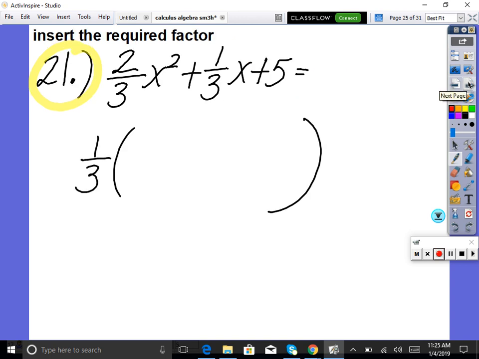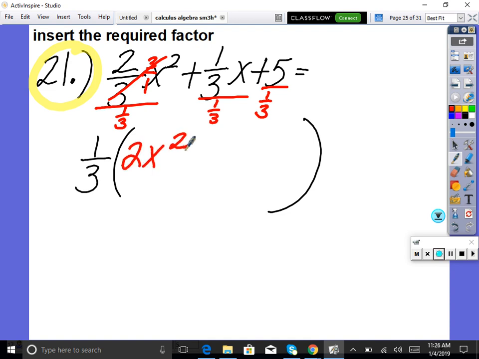Let's look at another one. 21 on my key is wrong. I made an error. Let's look at it. What did they do? They pulled out a 1/3. When you factor something out, I'm going to go back and do the math. Don't we divide by what we factor out? So left in our first term, dividing fractions easy as 5 flip the second and multiply. So won't that become what? 2x squared.